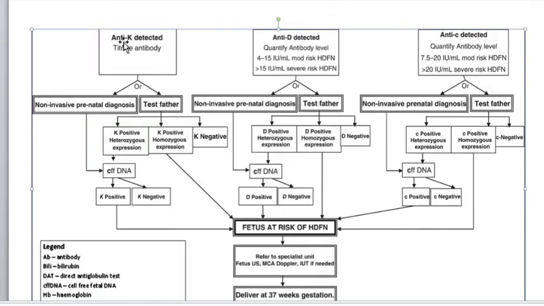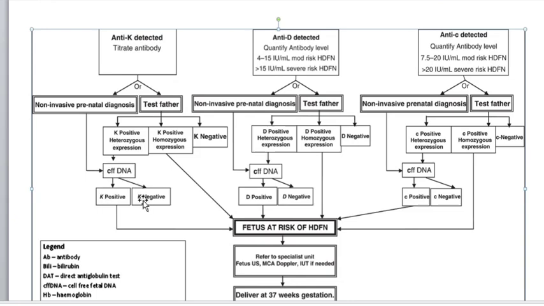If anti-K is detected, it says to titrate the antibody, do non-invasive prenatal diagnostic testing, or test the father. If the father is K negative, K positive, or K positive but heterozygous: with K positive, the fetus is at risk. If heterozygous, you need to do cell-free fetal DNA.